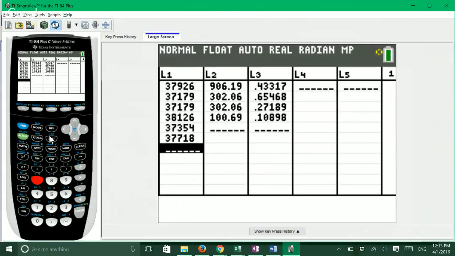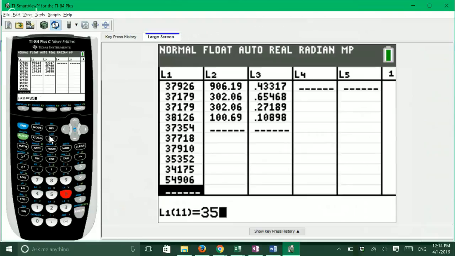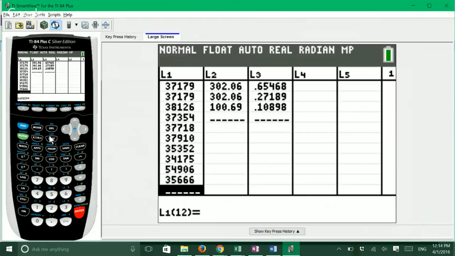How are you reading these with so much emotion? 35,352. 34,175. 54,906. That's absurd. That's crazy. Oh, number 10. 54,906. 35,666. 36,677.